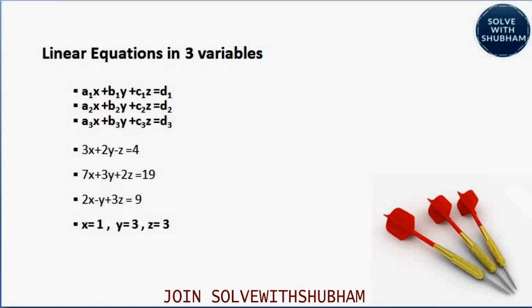Just to illustrate the concept, look at the equations given. a1x plus b1y plus c1z is equal to d1. a2x plus b2y plus c2z is equal to d2. Similarly, the third equation. So we can see there are three variables x, y and z, and we have been given three independent equations.